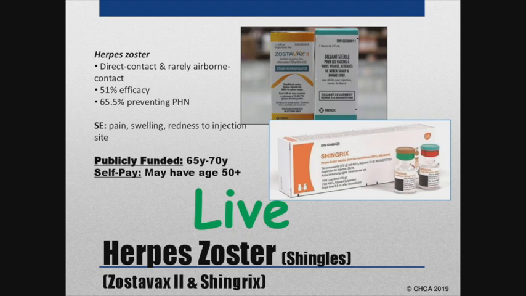Within the communities, again, this is publicly funded between 65 and 70 years of age. Herpes zoster is spread through direct contact, or it can be airborne contact. The efficacy for protection is about 51%, and it is almost 70% effective in preventing post-herpetic neuralgia.